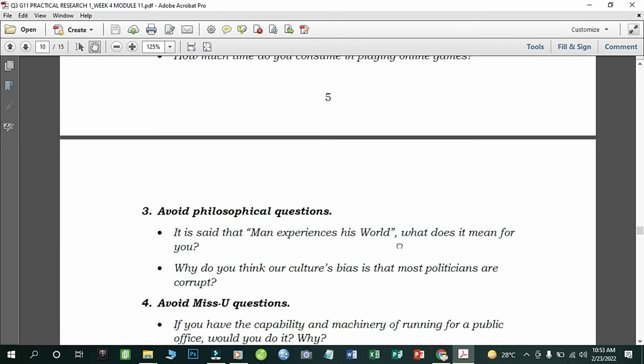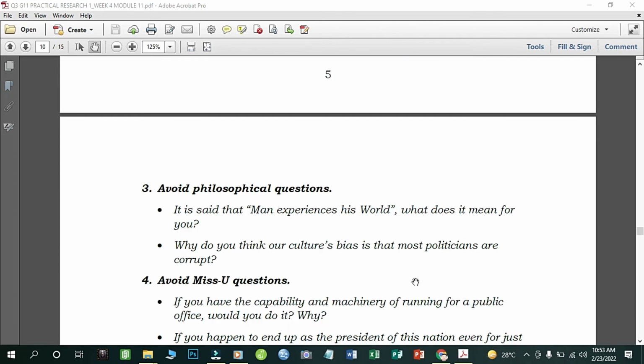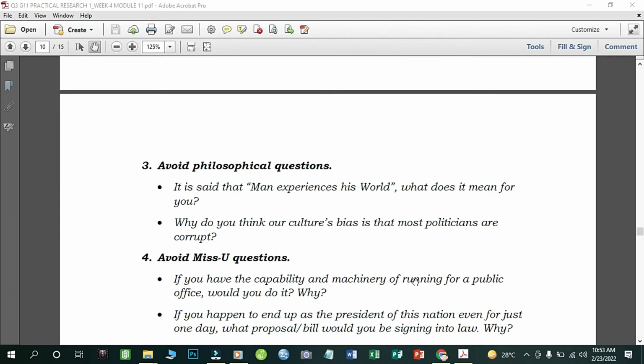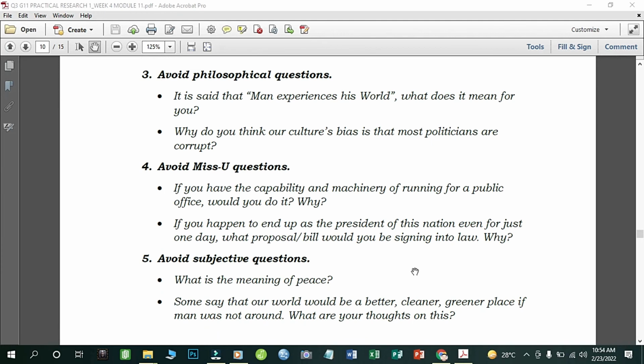For your central question, you can have, for example, how do Filipinos perceive individualism? You can have that, or you can also have, what are the struggles of Filipino families in acquiring their houses?